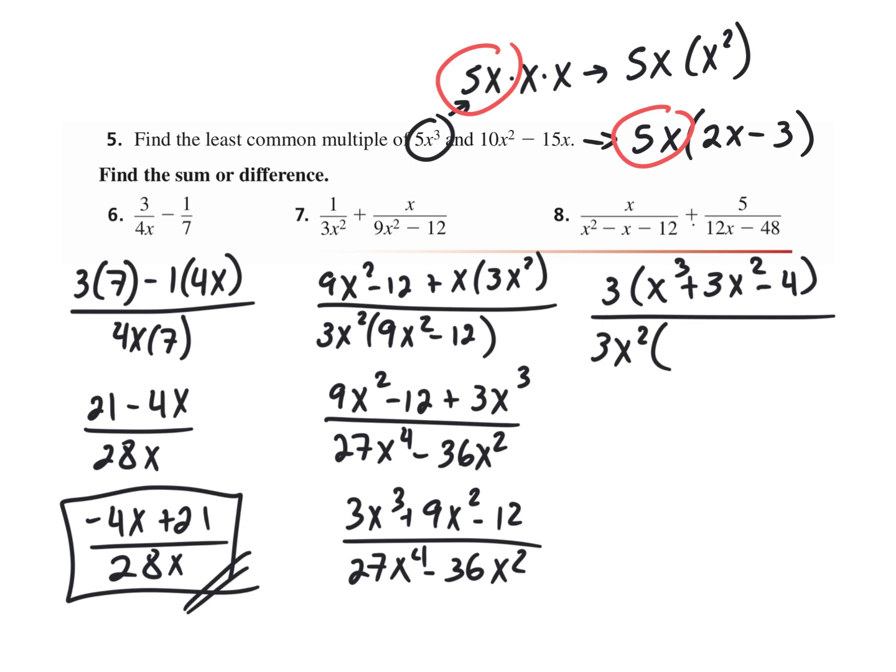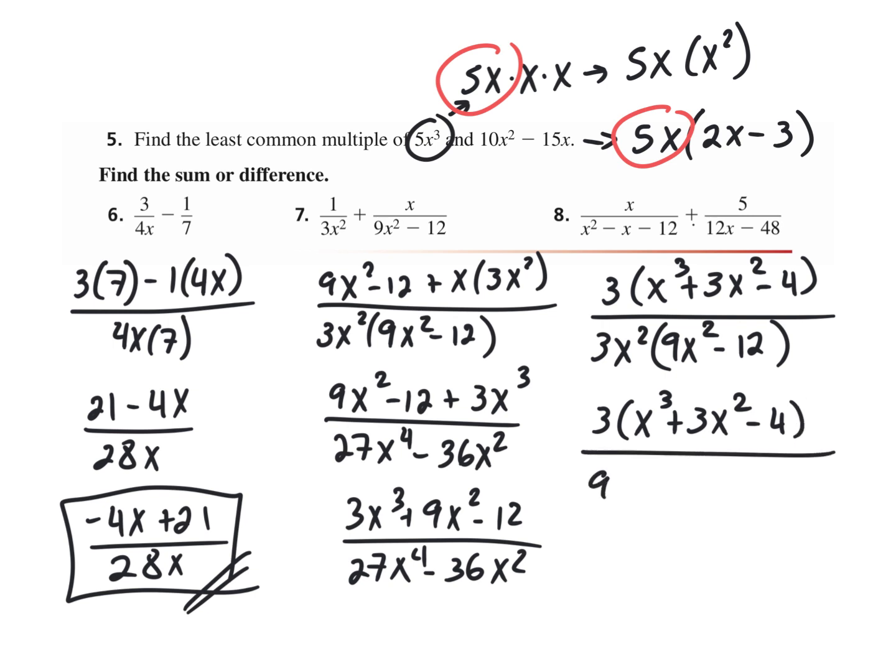Now, 27 divided by 3 is 9x squared, and then we have 36 divided by 3, that is 12. Now, you see, I could have taken out another number. I did not know that. So I'm going to take out another 3 for the denominator. So I'm just going to rewrite the numerator. I'm going to take out another 3, so it's going to become 9.